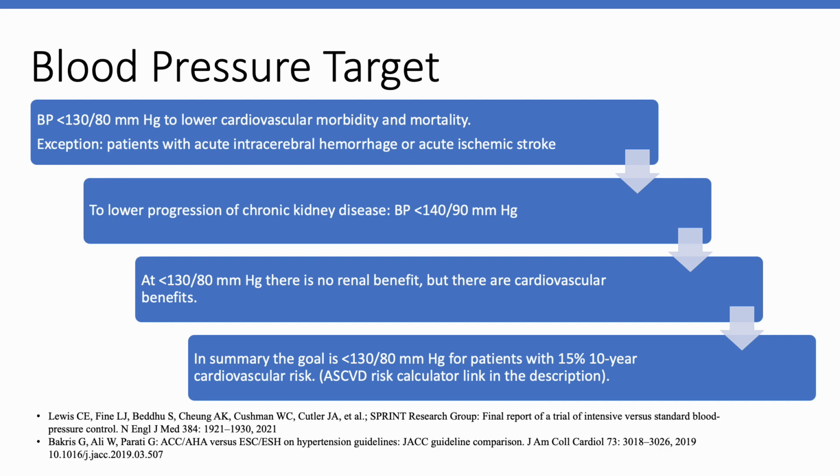Now, the KDIGO, the 2021 Kidney Disease Improving Global Outcomes, recommend even less than 120 over 80 for patients with chronic kidney disease because of cardiovascular benefits, but they admit that the benefit is less certain in patients with diabetic kidney disease, with stage 5 chronic kidney disease, with albuminuria over 300 milligram per gram creatinine. Let's not worry about that. Let's just remember below 130/80 for everyone.